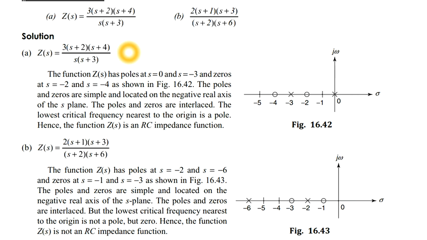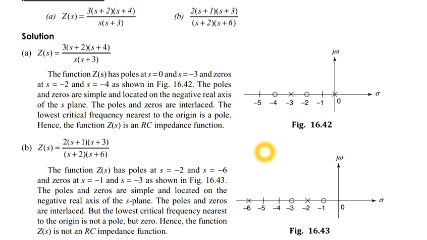Now we will see the second part of the problem, the other function. For this function, all poles and zeros are on the real axis, as required. They are also interlaced, because first we have a zero, then a pole, then a zero, again a pole.